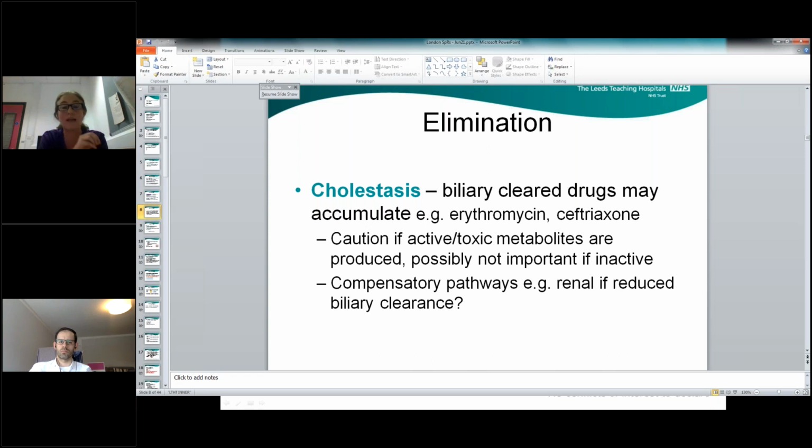And if you can't clear through the biliary pathway, then we do see an increase in renal clearance. Now, it may not always be as effective as being biliary cleared, but that slight increase can just help to get rid of any drug and facilitate elimination of it. So although elimination is something that we would consider, it's often a minor concern.